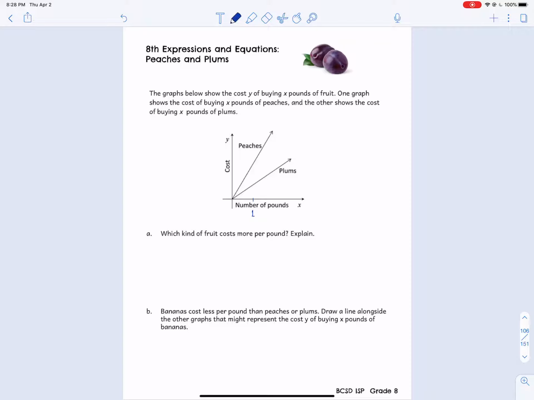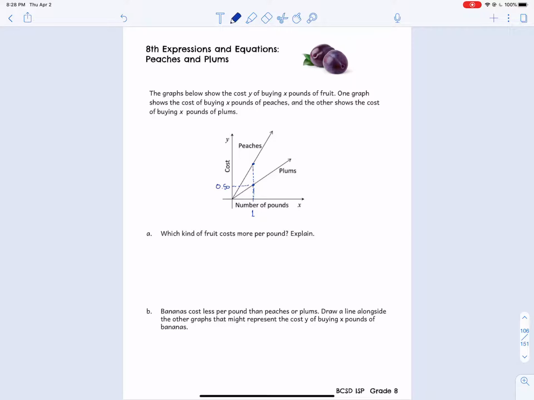So just for illustration purposes, I'm going to draw a vertical line, so that we can see how those two lines affect the cost. So if I go up to the plums and then go over, we don't have numbers again, but let's call this 50 cents.